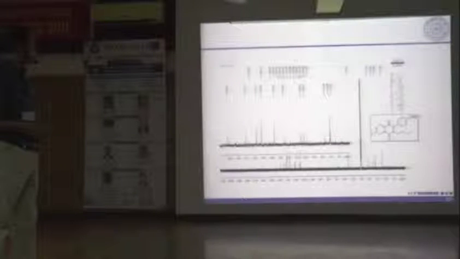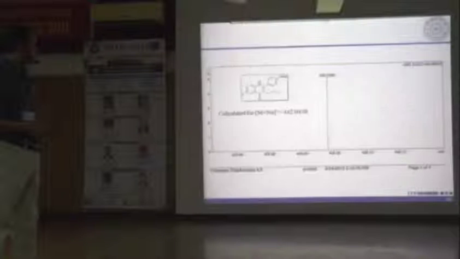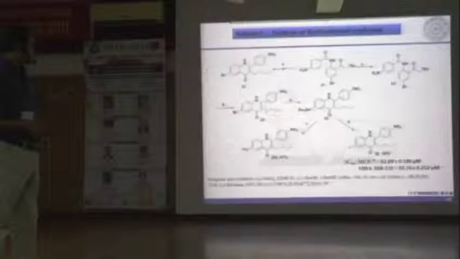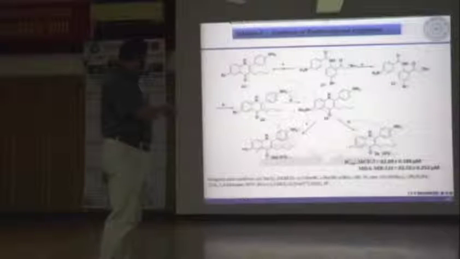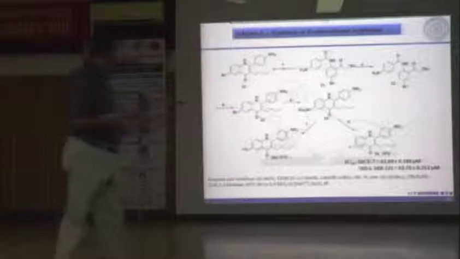If you look at the different derivatives, you will get different products in the same fashion. These are the radioactive nitro compounds, again nitro compounds, and we are going for the biology. IC50 we have calculated in the case of this one.